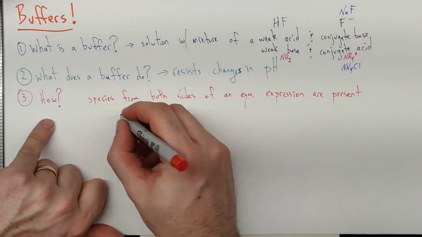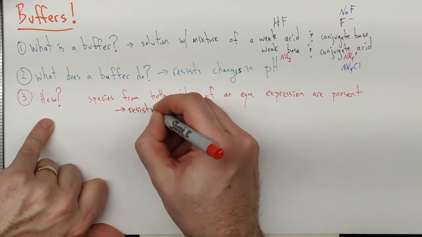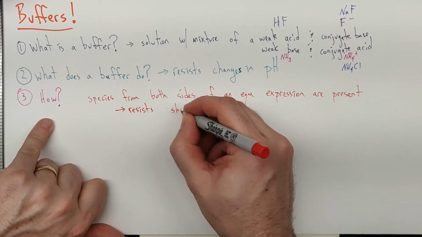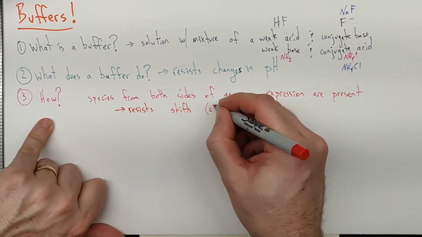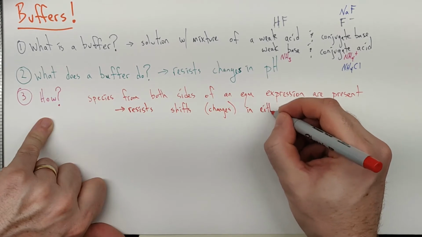Changes to the equilibrium in either direction. So this resists shifts, right? Changes in either direction.